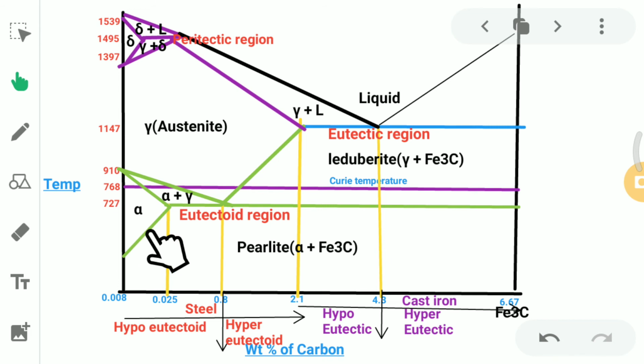The alpha ferrite maximum solubility limit is 0.025 percentage. Austenite maximum solubility limit is 2.1 percentage. And delta ferrite maximum solubility limit is 0.1 percentage, friends.